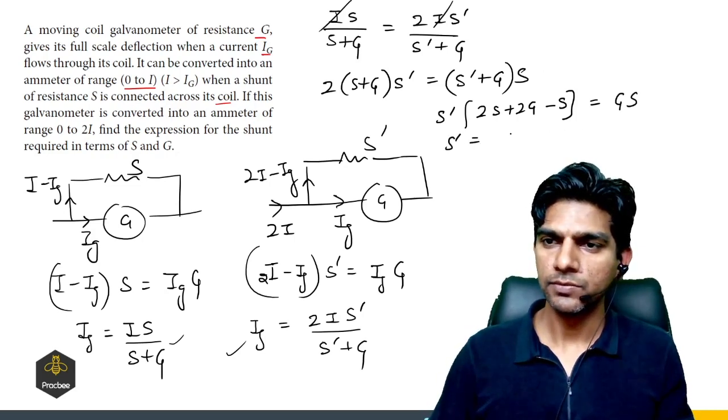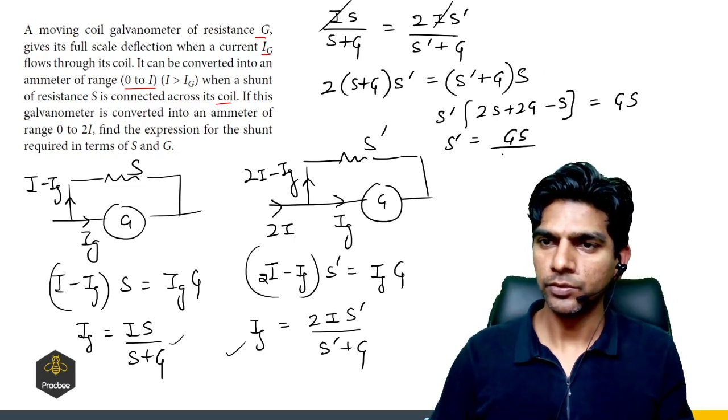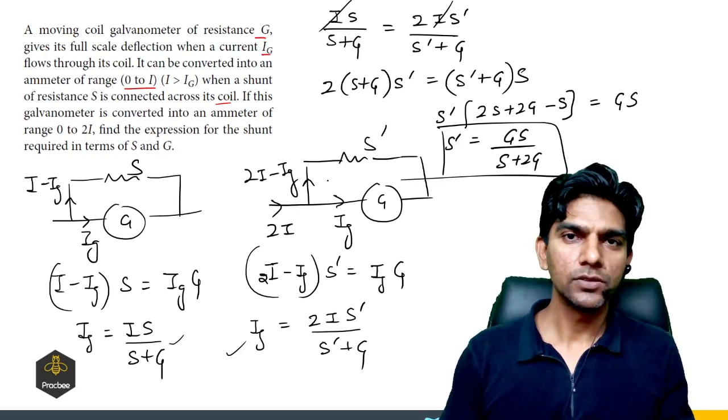So S prime comes out to be GS upon S plus 2G. So that is the answer of this question.